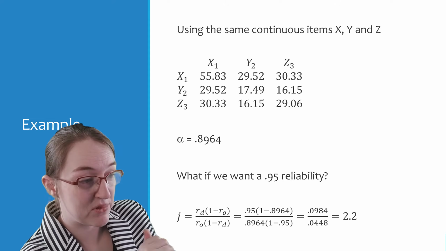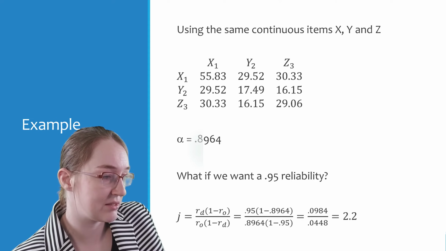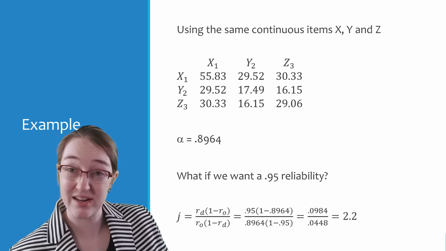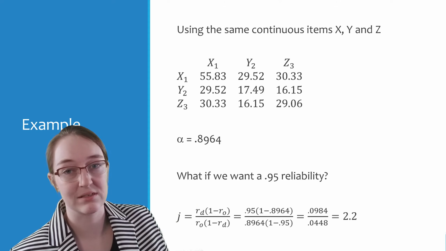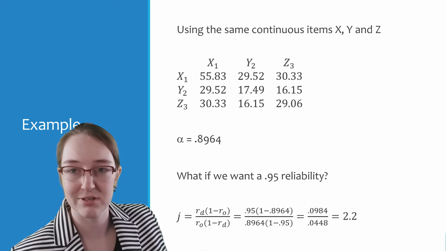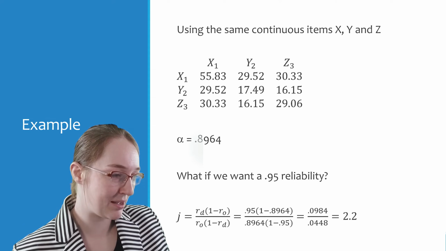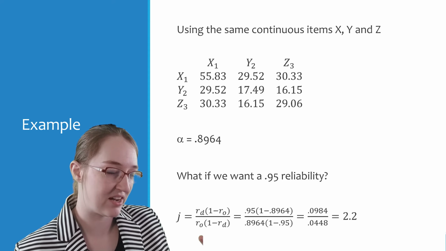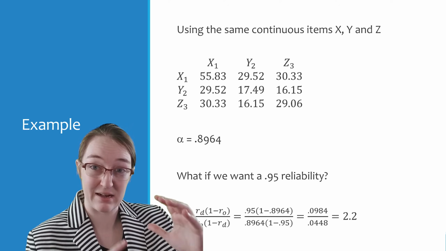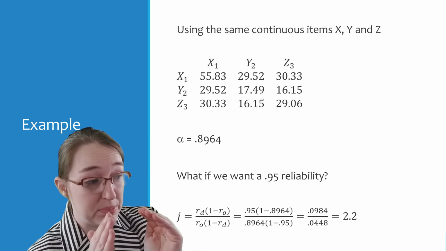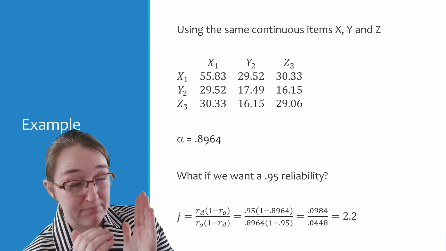Well, we pop those numbers into our handy dandy equation here. As we can see, our goal reliability is 0.95. So we put that in. Okay, apparently my mouse capture is not gonna make a difference here. So what we can do is pop in that reliability of 0.95 in R sub D and multiply that by the difference between 1 and our error.